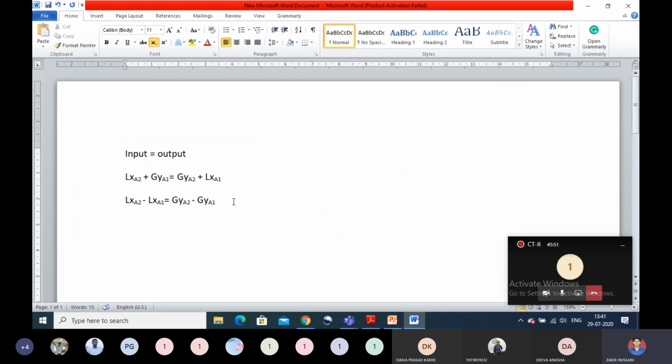Now we can take L common from here, and the same we will apply here. So this is L into (XA2 minus XA1) equal to G into (YA2 minus YA1).